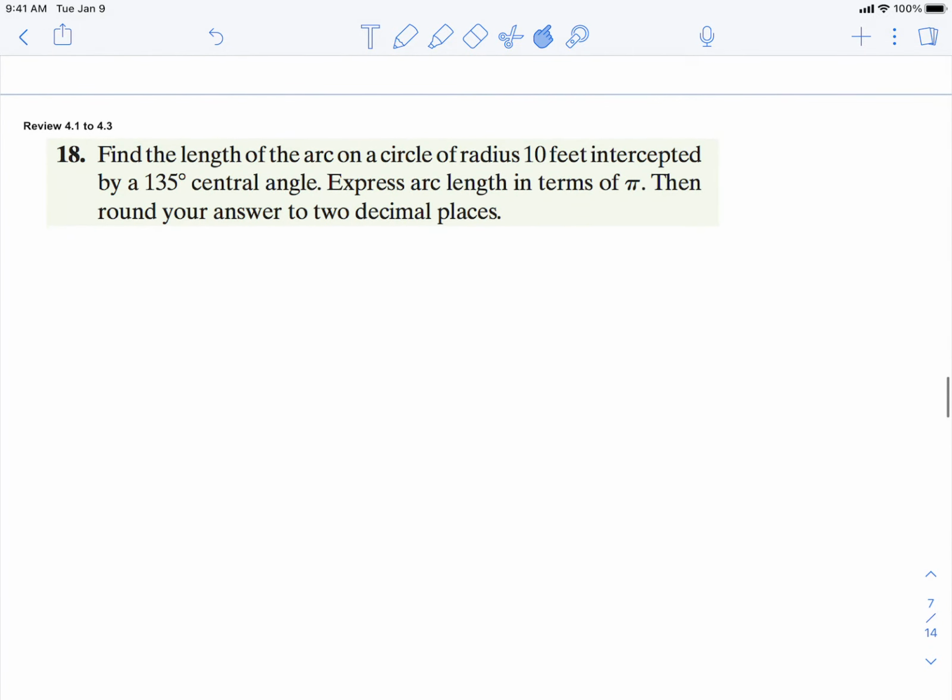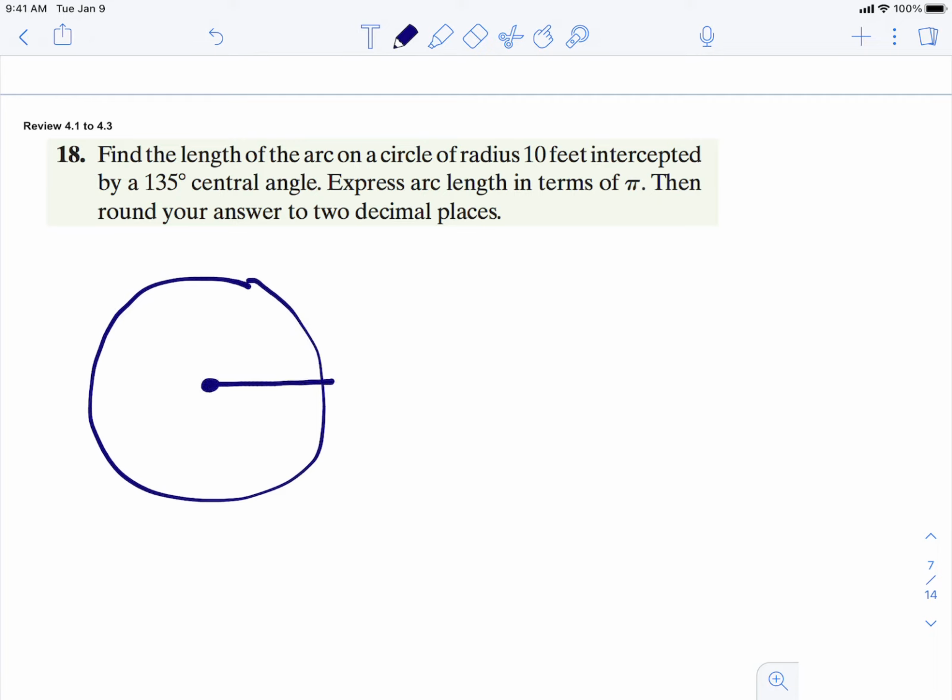All right, next question says find the length of an arc on a circle whose radius is 10 feet with a central angle of 135 degrees.